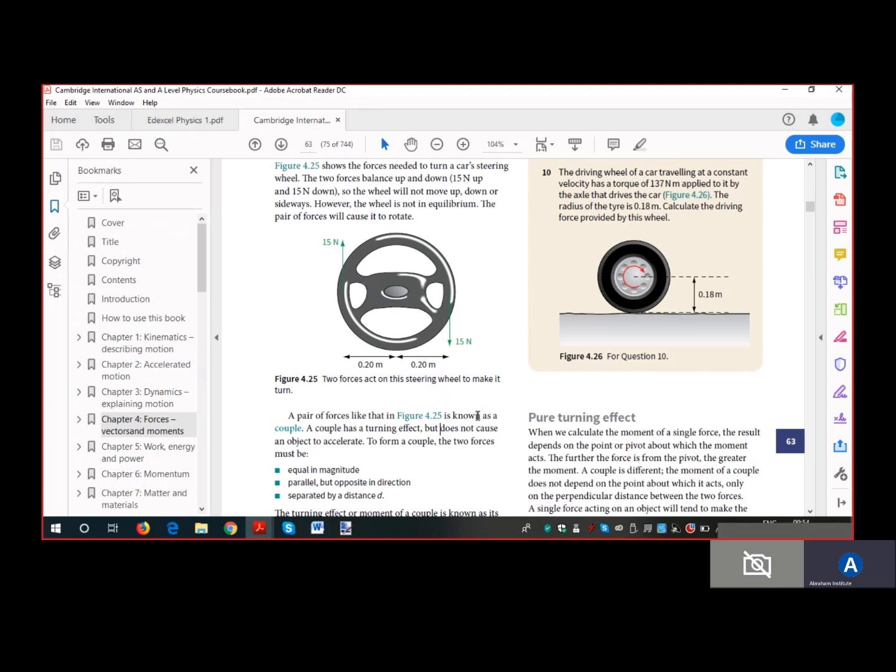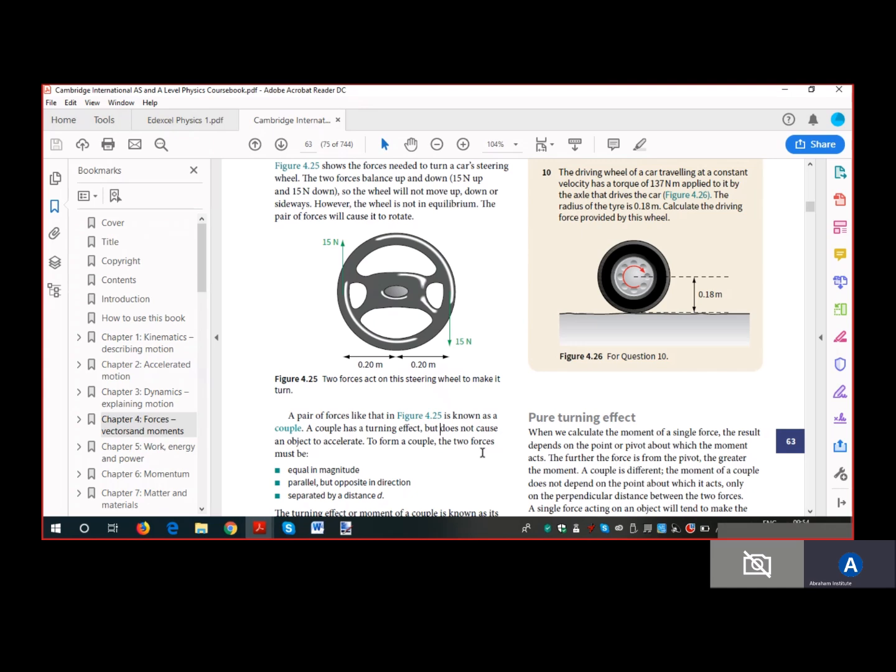So that's why they say, because the resultant force is 0, according to Newton's second law, F equals ma, the acceleration will be 0. Yes. Because it is the resultant force which produces the acceleration, not the other way around.